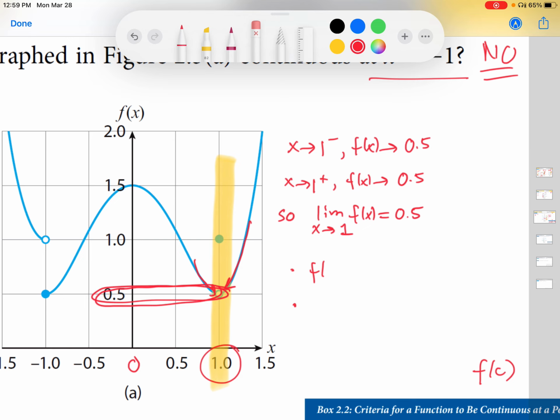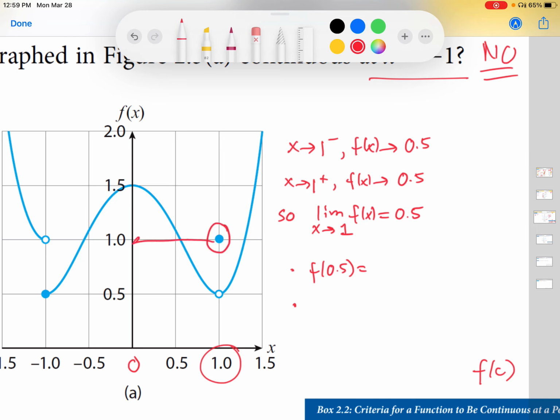However, now let's go back and do the other criteria. What is the value of the function at 1? Now I don't need the ribbons. The value of the function at 1 is 1. Therefore, is the limit as x goes to 1 of the function equal to the value of the function?